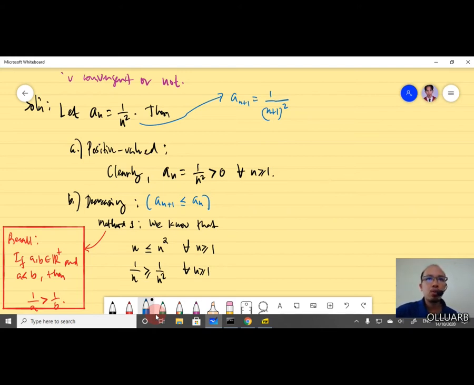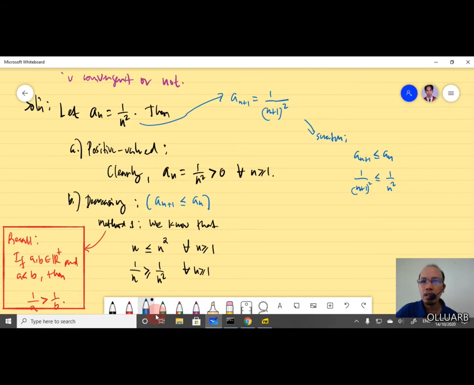Okay, we need to show from here, let's try to put a scratch. If we substitute this one, it is 1 over n plus 1 squared, which is less than or equal to 1 over n squared.